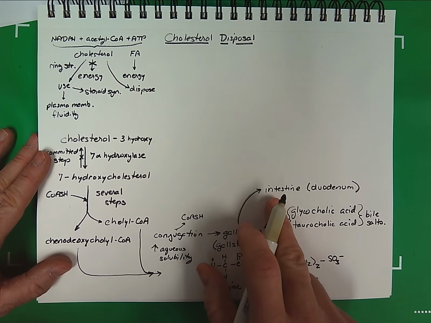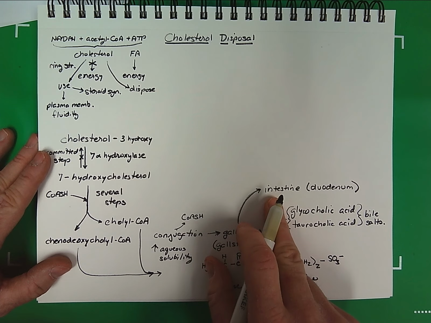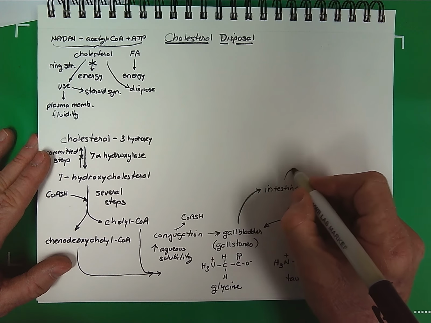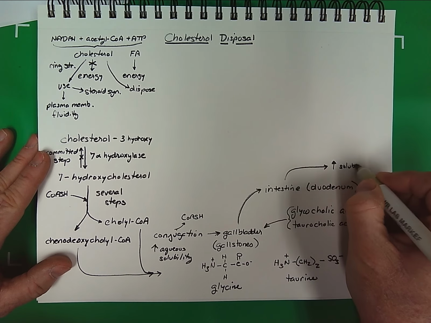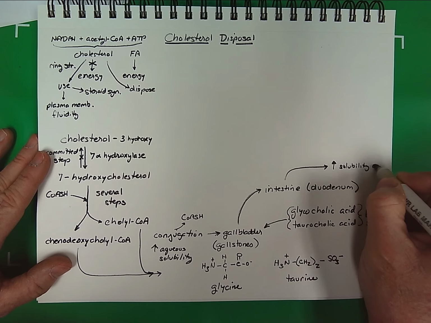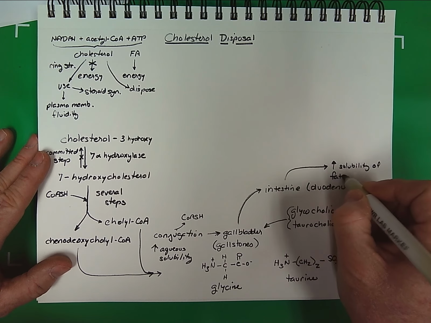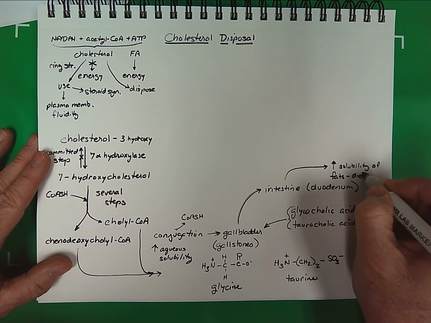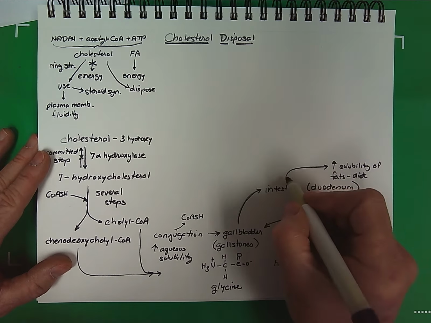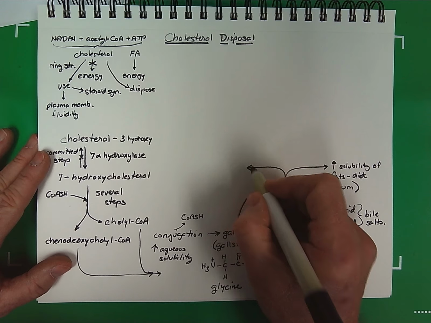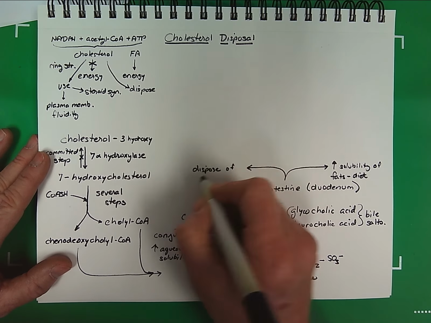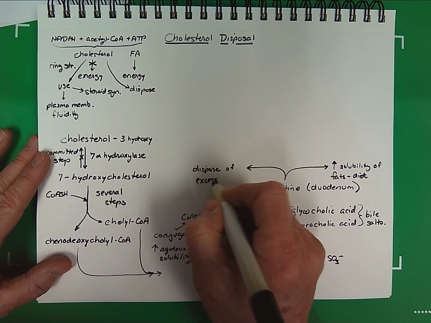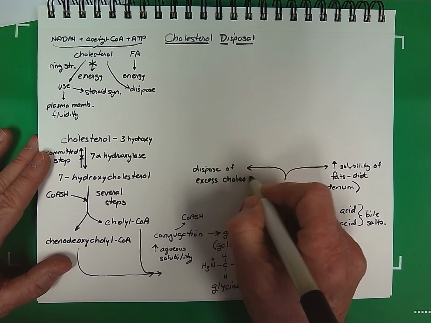So once these molecules are in the intestine, they serve two functions. One is to increase the solubility of fats from our diets, and the other is to dispose of excess cholesterol.